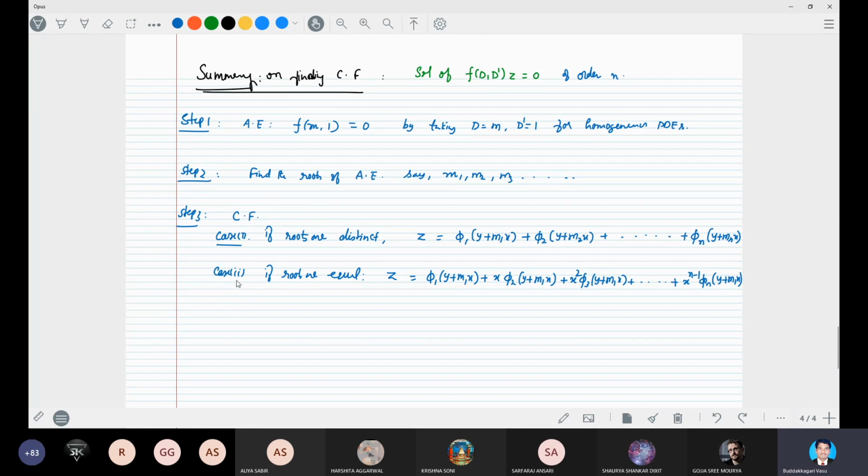So this is the summary for finding the complementary function, right? Any doubt in this?